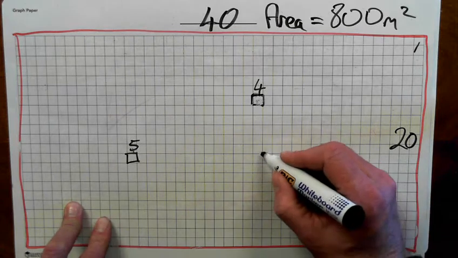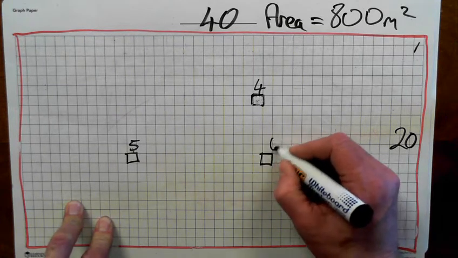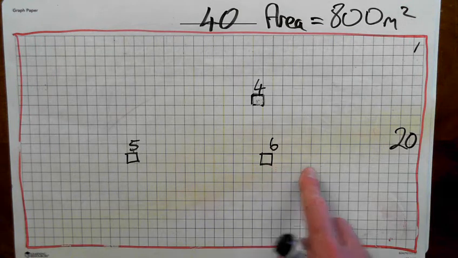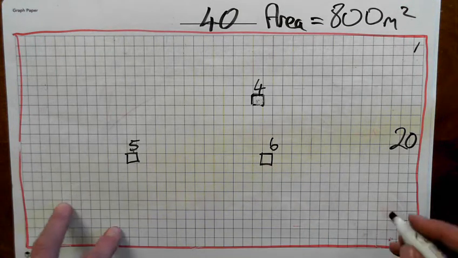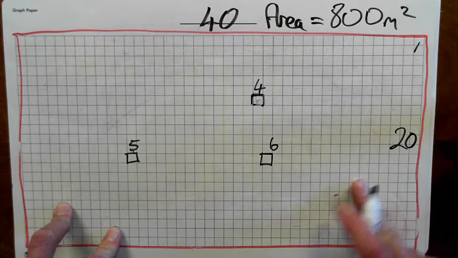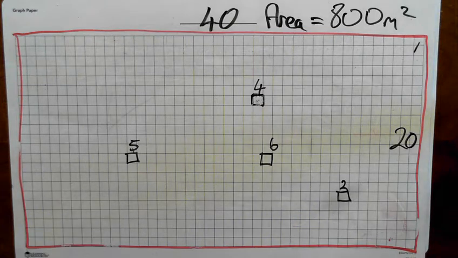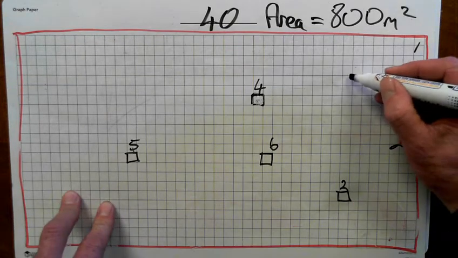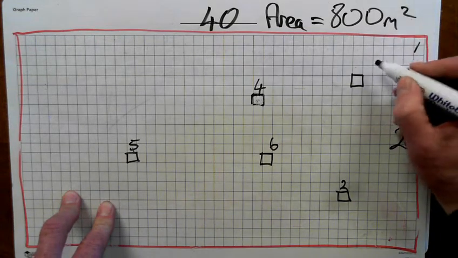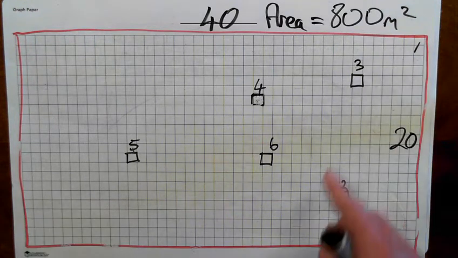So I keep repeating the steps. Put down my quadrat. Let's say 6. Kick it again to an area that I haven't been. Put down my quadrat. There may be 2 daisies there. Kick the football again. Put down my quadrat. Let's say there's 3 there.